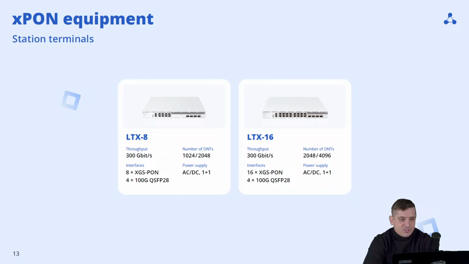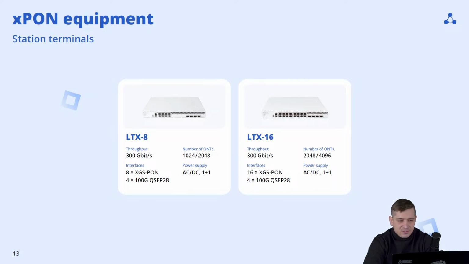And here you can see terminals LTX8 and LTX16. The main peculiarity is that they may combine the technologies, so that they may be connected to simple GPON or may use 10 gigabit GPON within the interfaces.